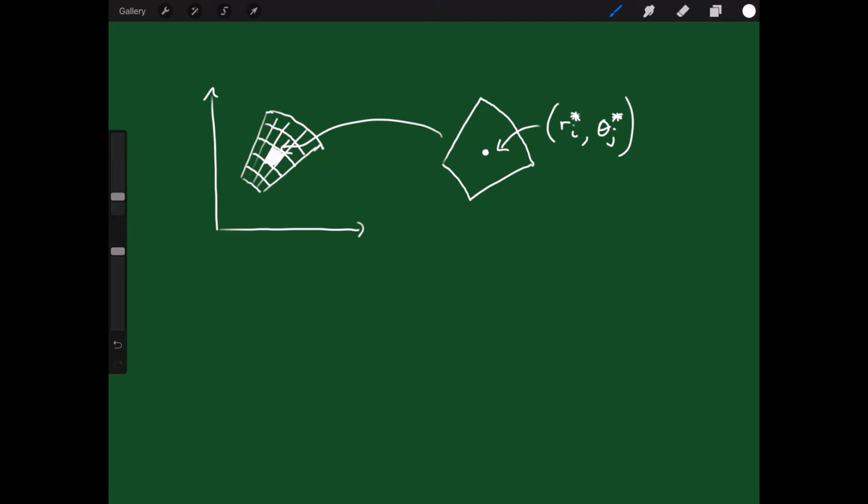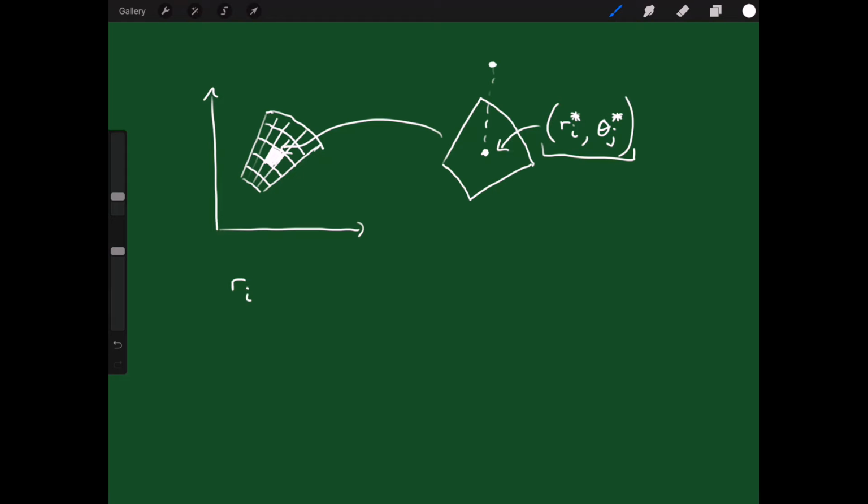So I pick a radius value, I pick a theta value, and I get this point, and that point is going to help me determine the height of the surface over this little polar rectangle.